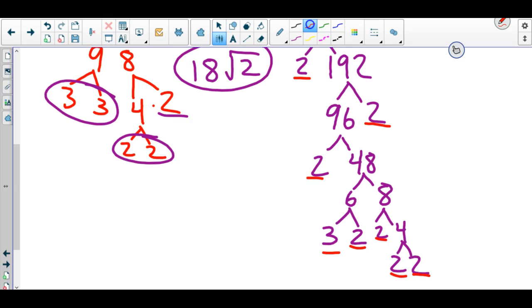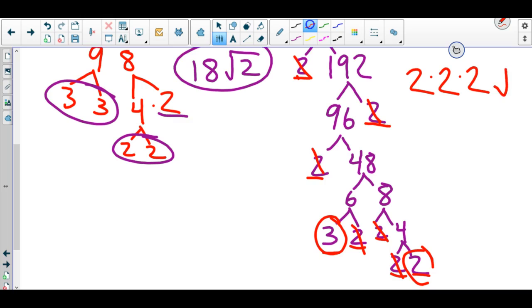So we have 7 2s. There's a pair of 2s. That gives me 1 2. Pair of 2s gives me another 2. Pair of 2s gives me another 2. And then single 2, single 3 is 6. So 2 times 2 times 2 is 8 root 6. And that is simplifying radicals.